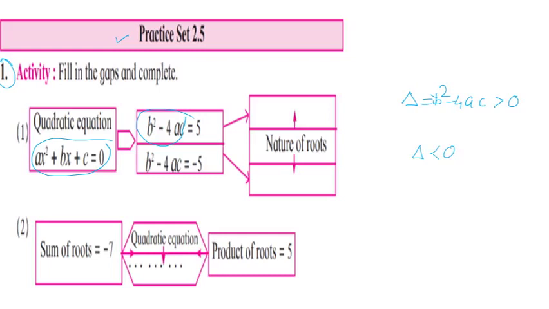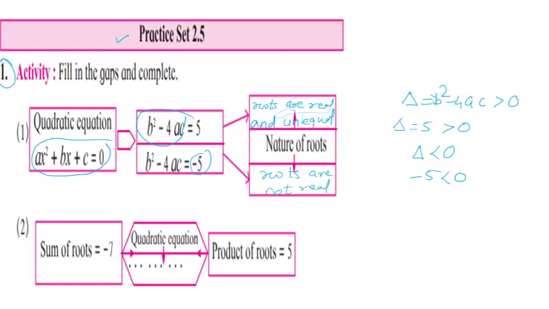Now see here, delta equals 5 is given, which is greater than 0. Therefore here write, roots are real and unequal. Below, delta is given as minus 5. Minus 5 is less than 0. Therefore, roots are not real.